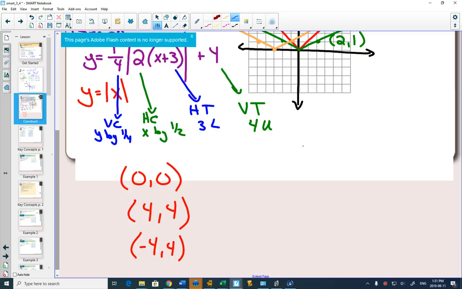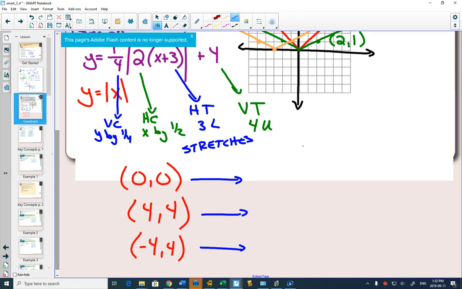Now, up till now, we've been doing these arrows, no problem. But what we're going to find now is there's a lot of things that have to happen. And so we're going to do it in 2 steps. We're always going to do our, and I'm just going to write stretches, but it also is compressions, it also is reflections.